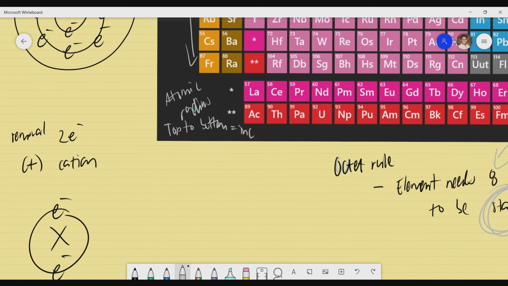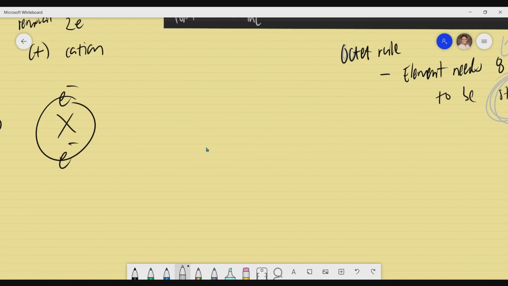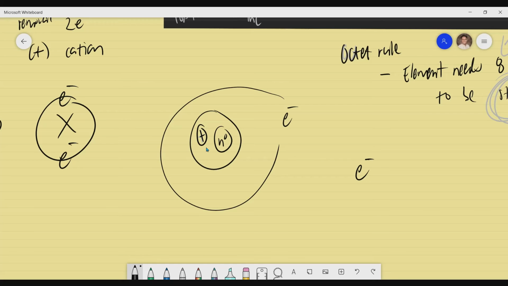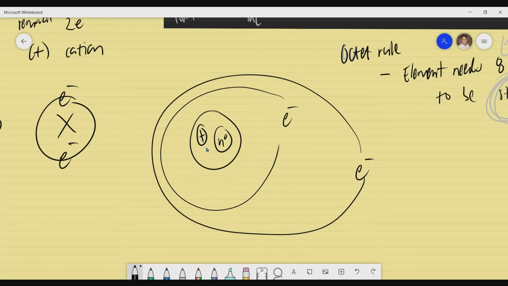Okay, so let me just show you. Okay, so you have here your nucleus that contains your protons and also your neutrons. So, your nucleus is positively charged, and then your electrons are here. Now, kapag po ang atomic radius ay lalong palaki ng palaki, lalayo ang mga electrons.